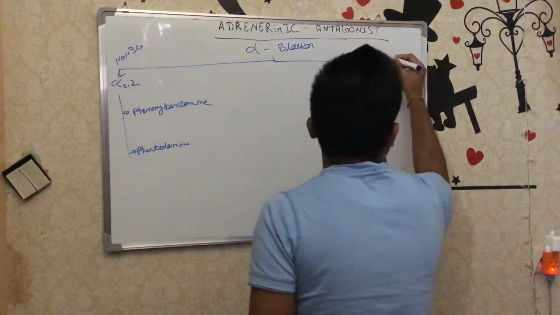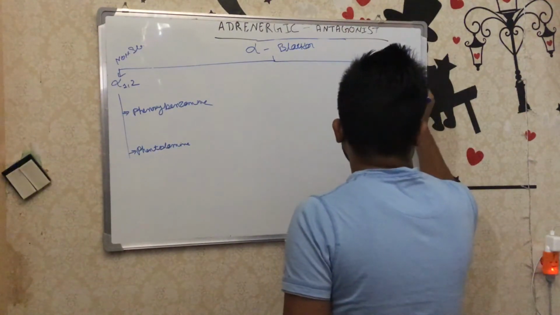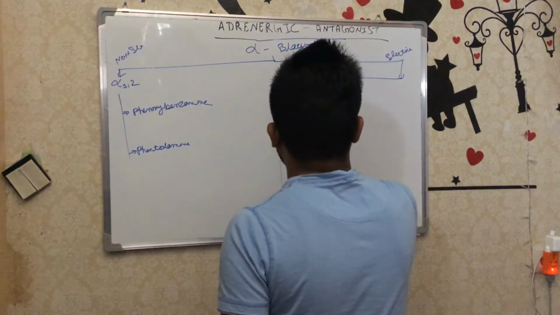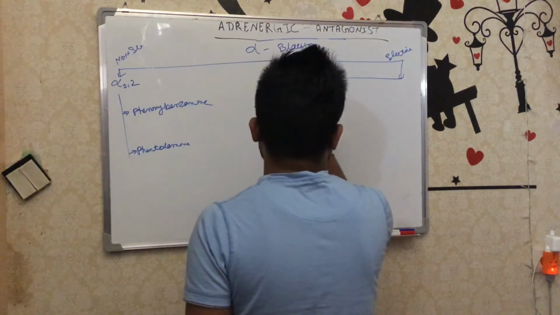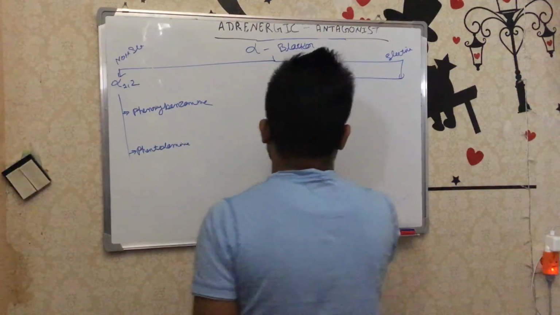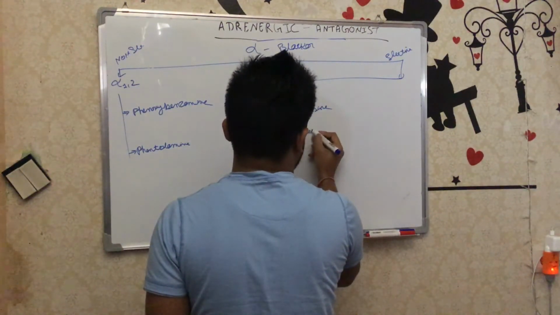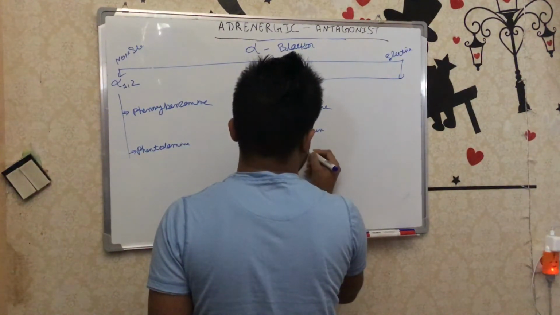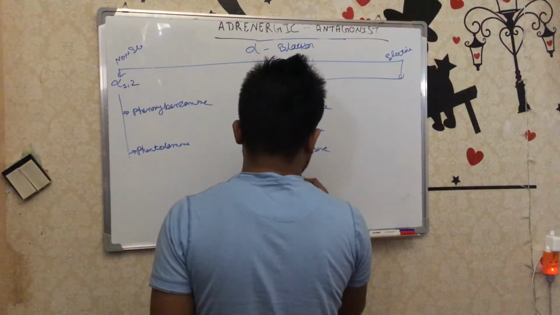Here are the selective drugs. First, alpha 1 selective: prazosin, doxazosin, terazosin and tamsulosin.